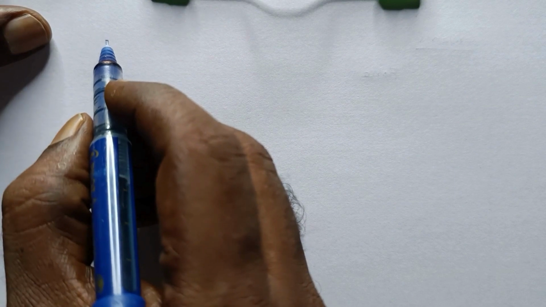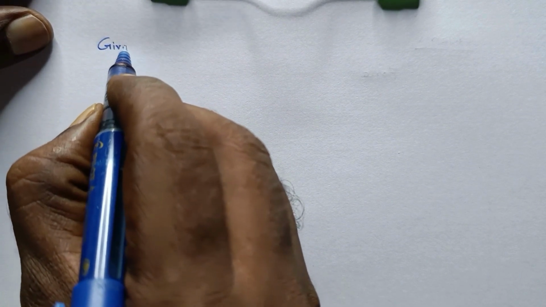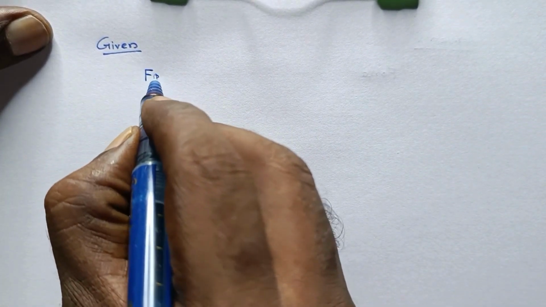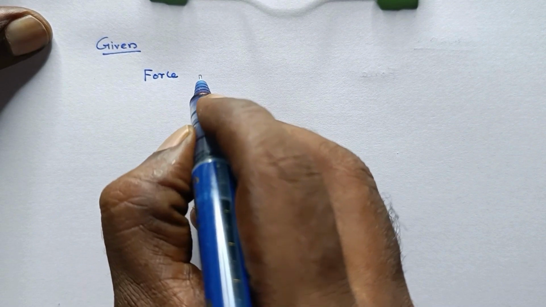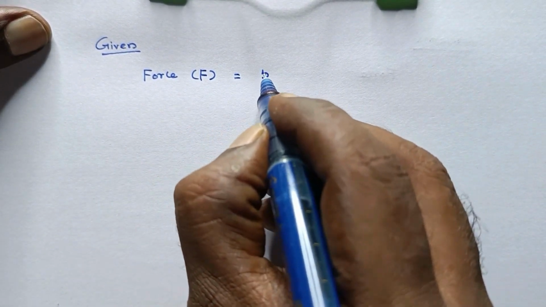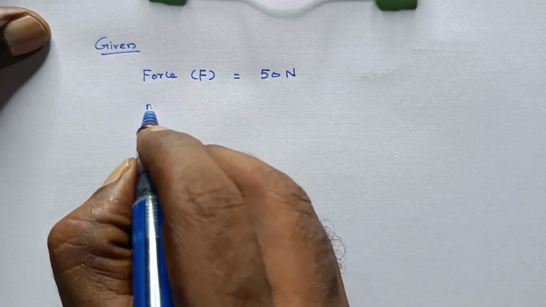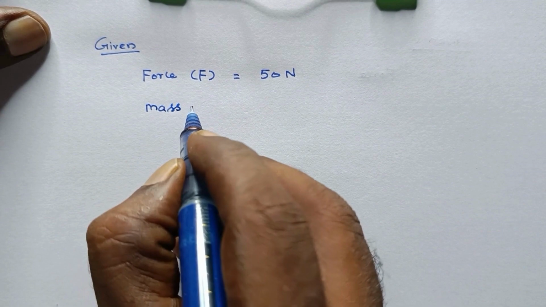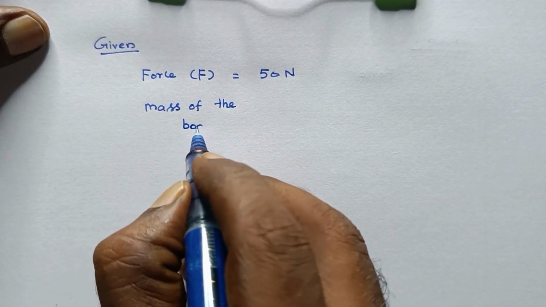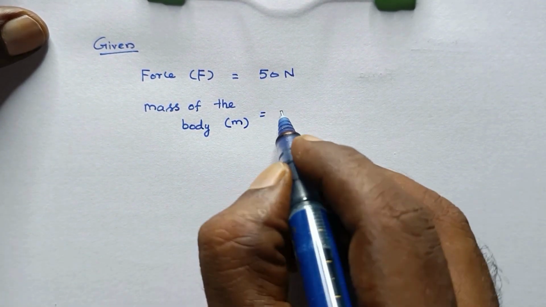First, let us write what data is given in this problem. Given: force acting on the body, F, is equal to 50 Newton. Second, mass of the body, let us take it as m, is equal to 20 kg.